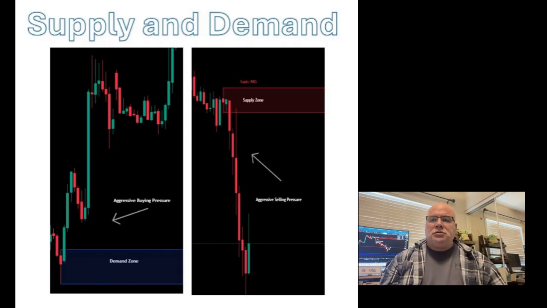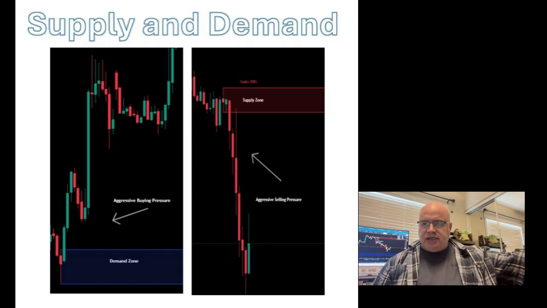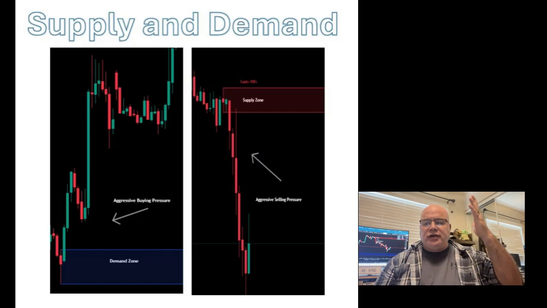Now, let me give you a simple example of this. Imagine the Euro USD. Some of you are Forex traders, some of you are futures. You can pretend it's the NQ, but I'm going to use the price level of the Euro USD. Let's say it's trading at 1.08. Suddenly, a massive bank comes in with a big order. The price doesn't just drift, it teleports. In 2 or 3 candles, it hits 1.09. These candles are massive.